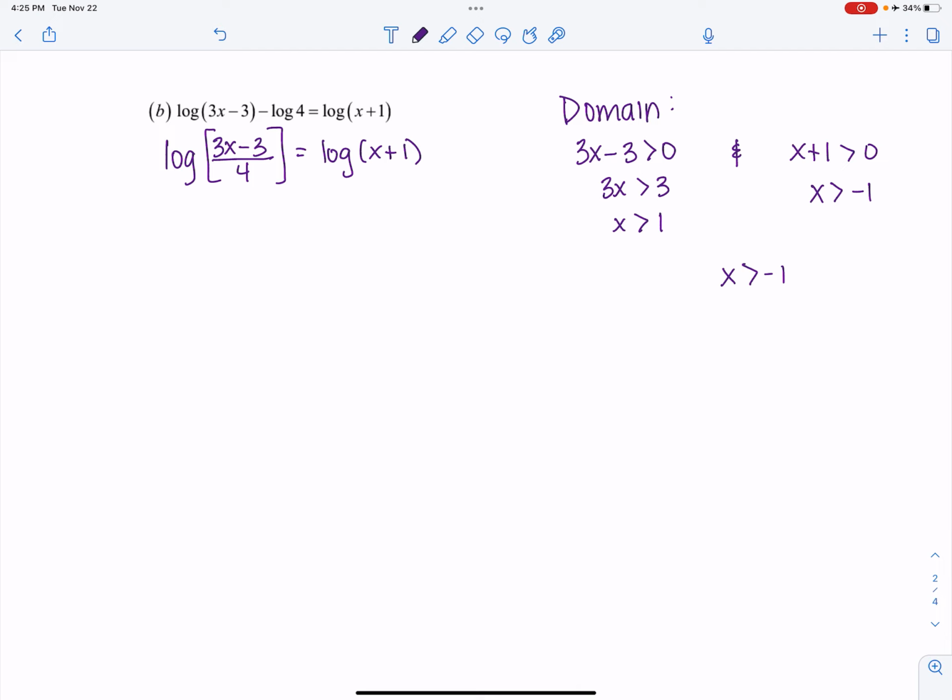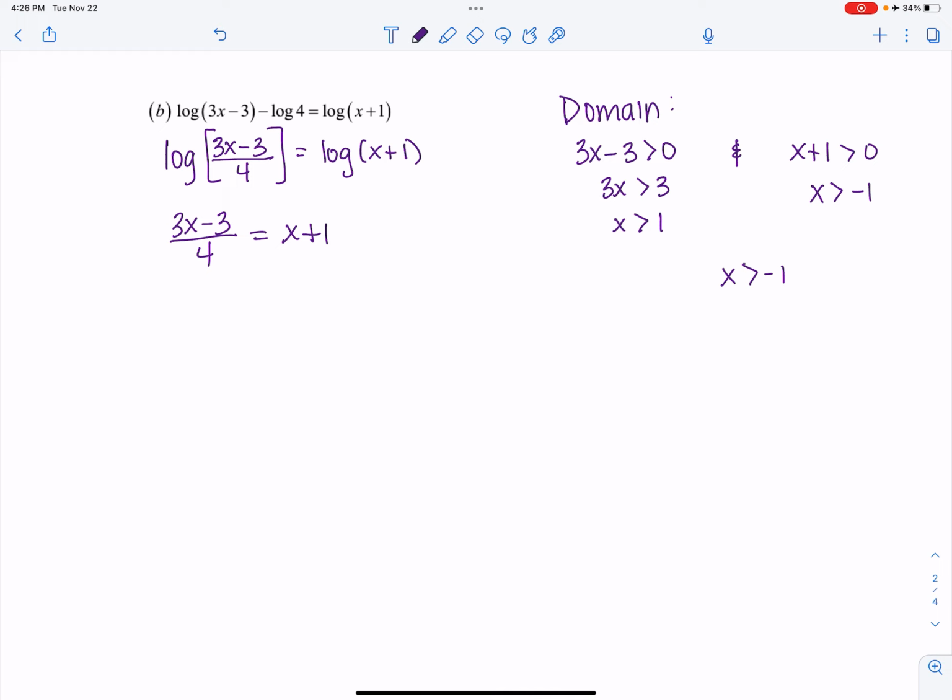Now, I can use my equality property because I have log of something equals log of something. The bases are the same for both of these logs, so that tells me what's inside of these logs must be equal. That means 3x minus 3 over 4 must equal x plus 1.